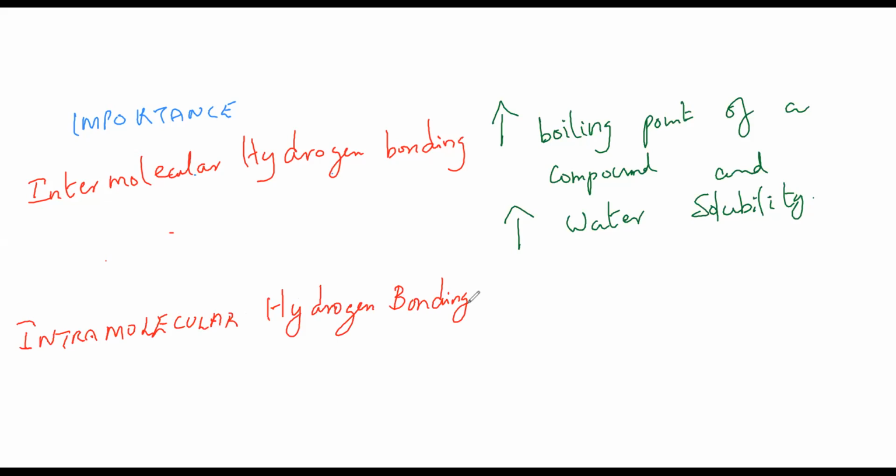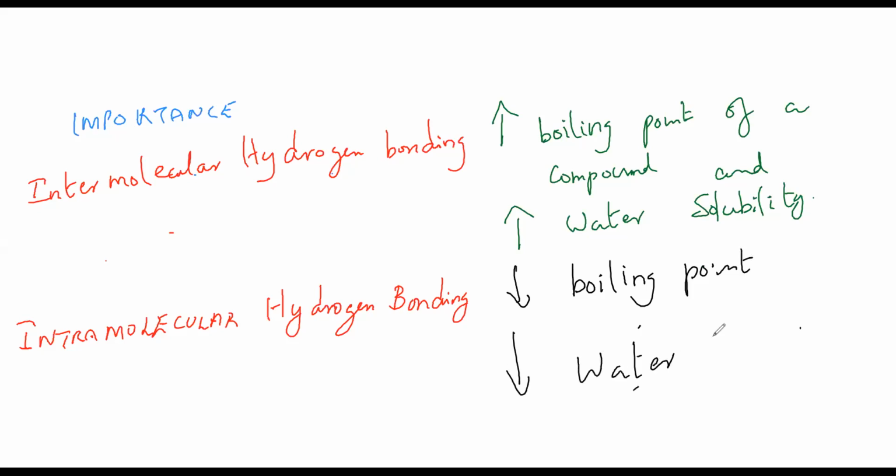If it is increase, this will be what? Decrease. Decrease in boiling point of the compound and decrease in water solubility. Again, I am using a diagrammatic way of teaching like this. Increasing, decreasing, so that it will be in our memory forever.